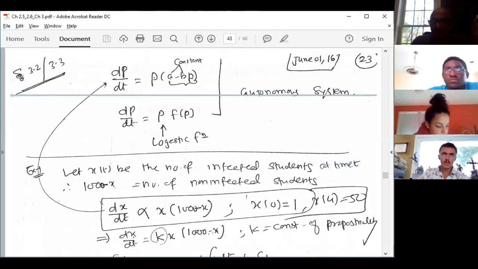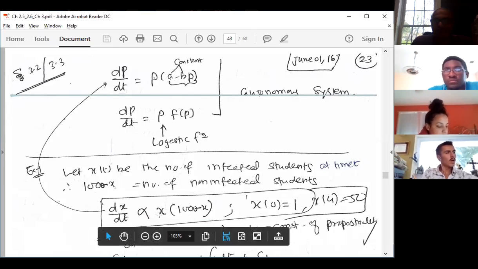Logistic growth. Suppose a student carrying the flu virus returns to an isolated college campus of 1,000 students. If it is assumed that the rate at which the virus spreads is proportional not only to the number x of infected students, but also to the number of students not infected, determine the number.